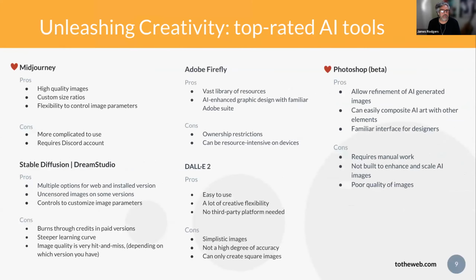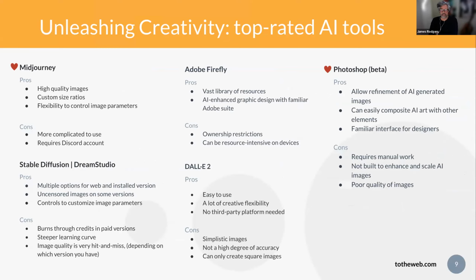And so these are the tools that we looked at mostly. We're going to look at MidJourney mostly. Everything we're showing you today was done in MidJourney. But we also played around a lot with Stable Diffusion in Dream Studio and Adobe Firefly, which is cool because it's also free if you have a Creative Cloud, and it's in beta right now.